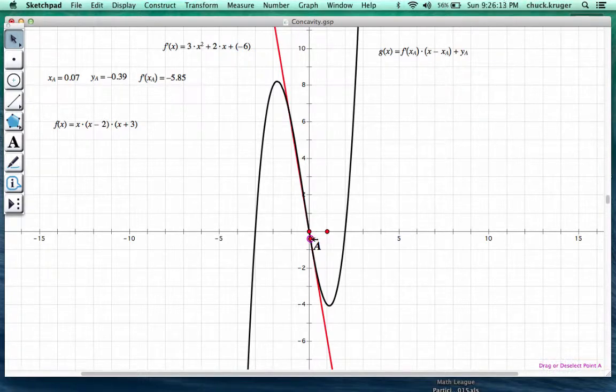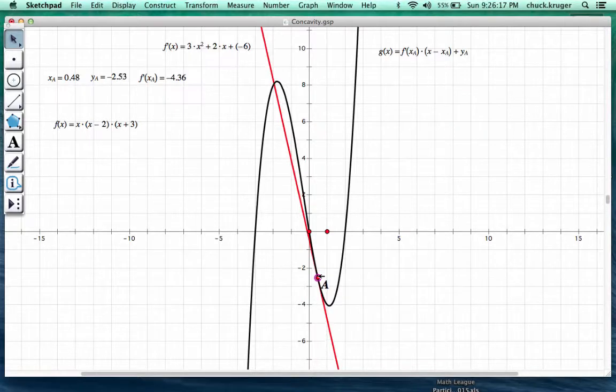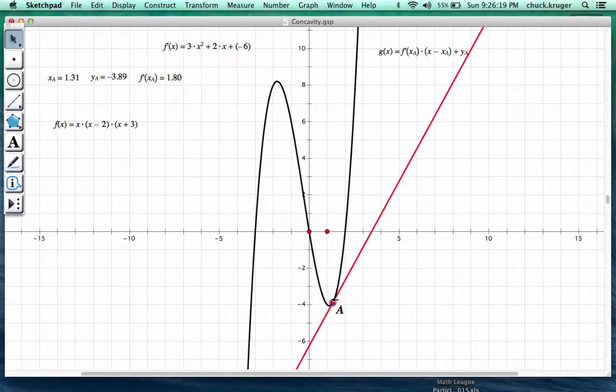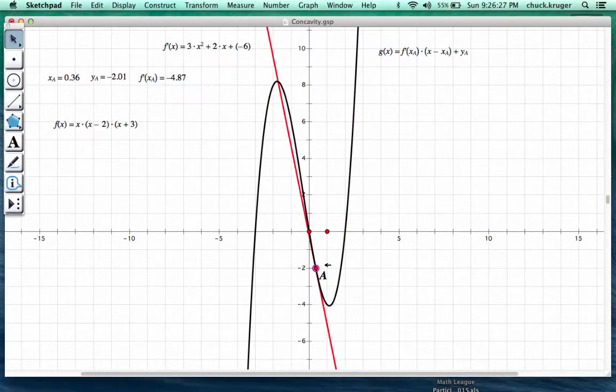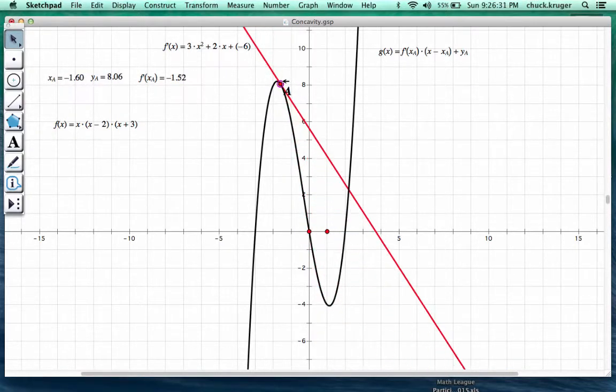It also becomes below the curve, and now my tangent line is below the curve the entire time. So it switched places. Here it's below the curve, and right here, it switches to above the curve.